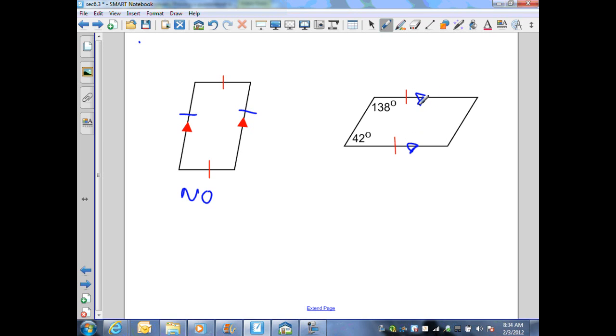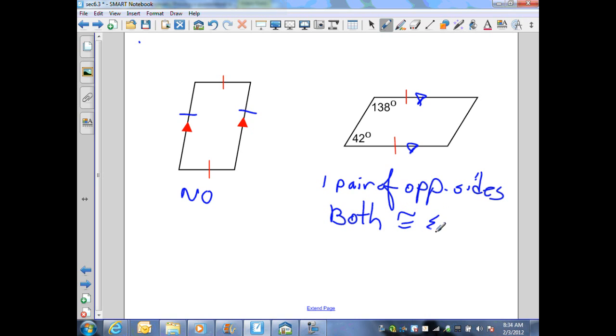And that does give us one of the reasons to prove a quadrilateral is a parallelogram. One pair of opposite sides is both congruent and parallel. If one pair of opposite sides is both congruent and parallel, then it's a parallelogram.